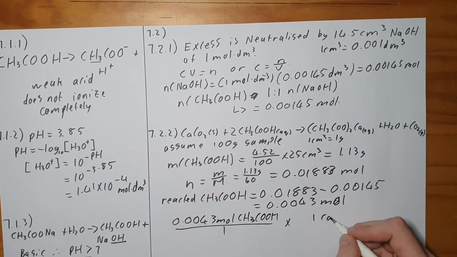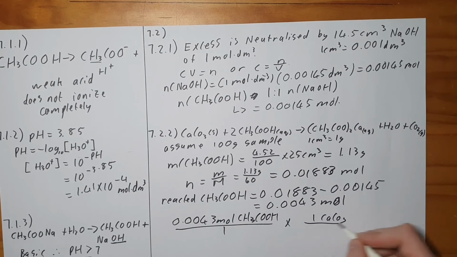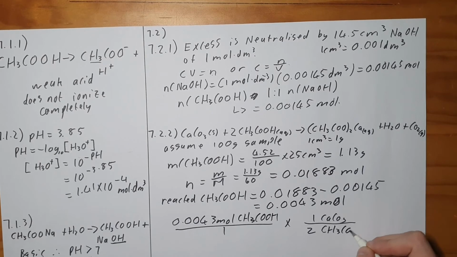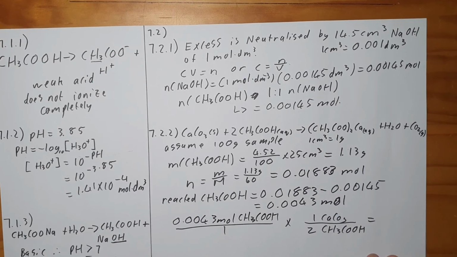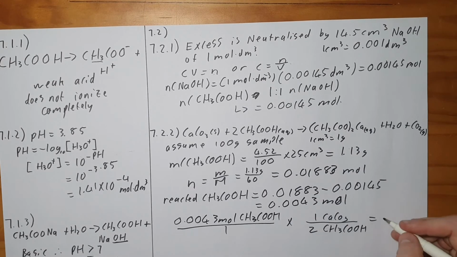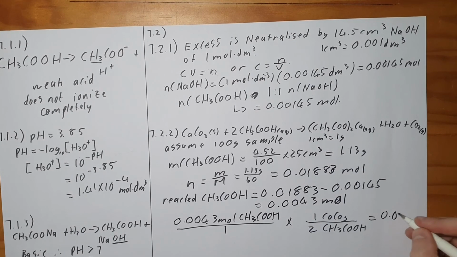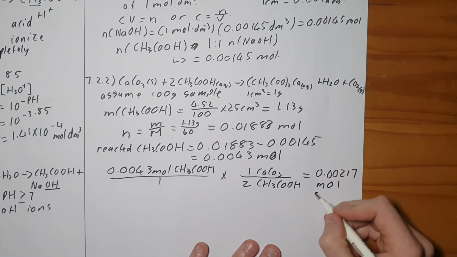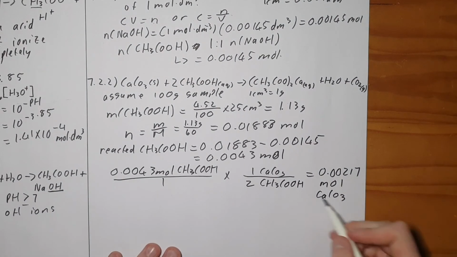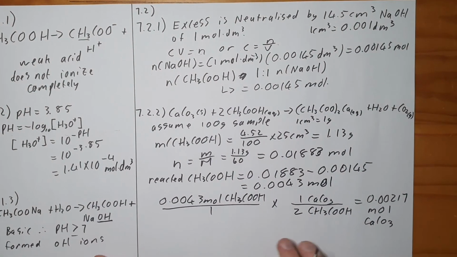So 1 CaCO3 over 2 CH3COOH, and that's going to halve it, which means we get 0.00217 moles of CaCO3.